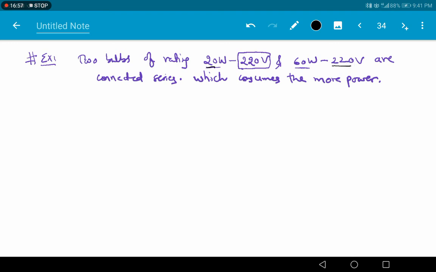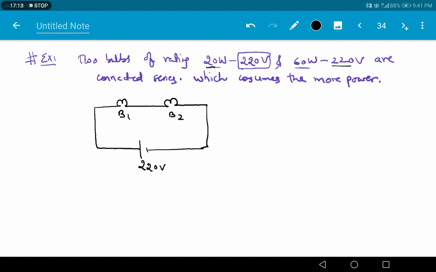Here the circuit is given like this. B1, B2, they are connected to a source of 220 volts. So the rating of this is 20 watt, 220 volt, 40 watt, 220 volt.